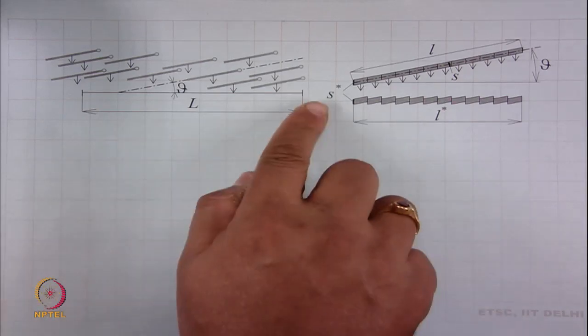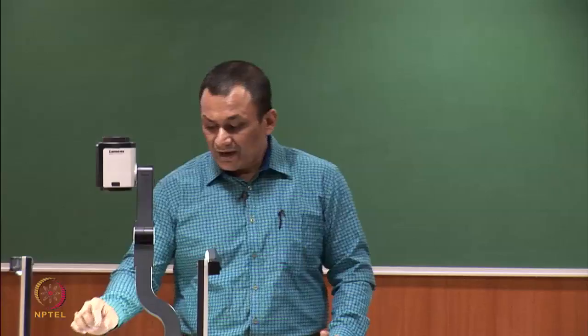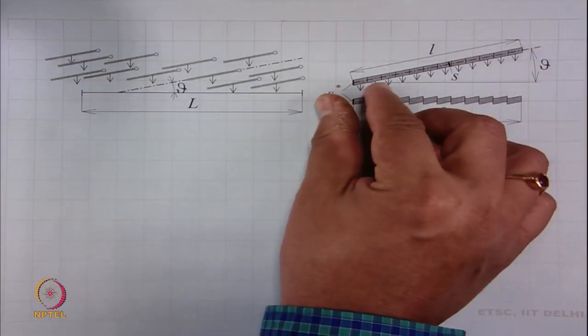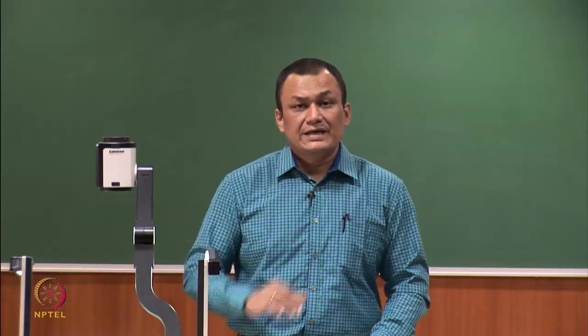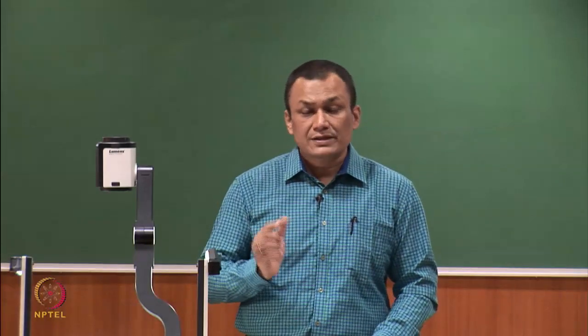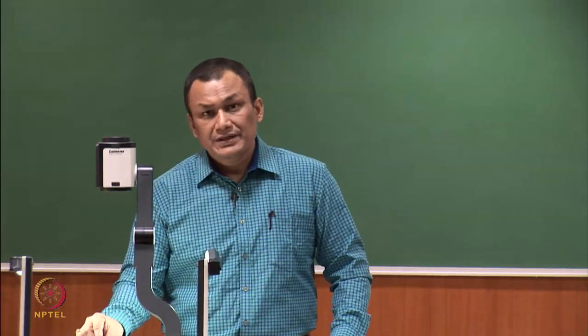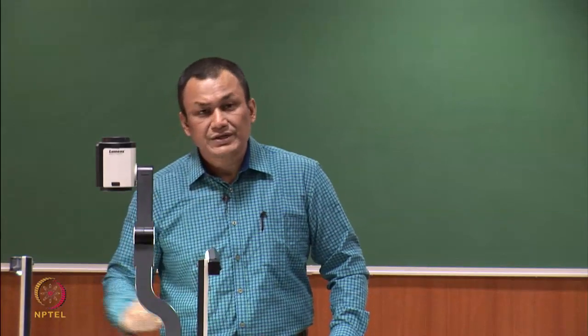Obviously, S star is greater than S. Now, what do we do? Imaginatively, we divide this L into many infinitesimally small segments. Then we drop each segment along the axis of the sliver.